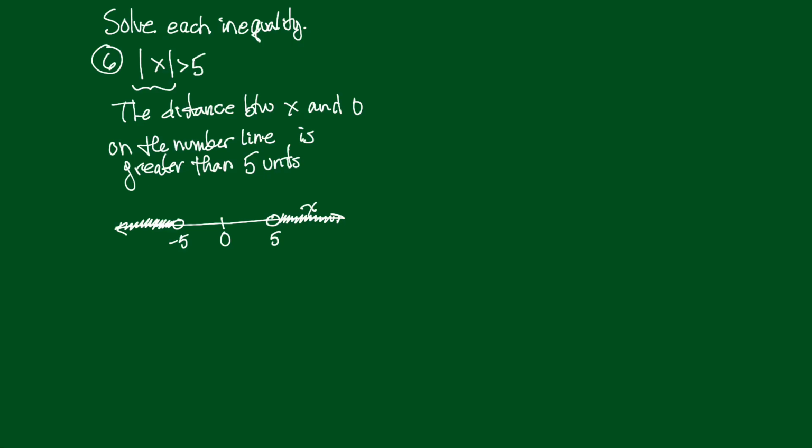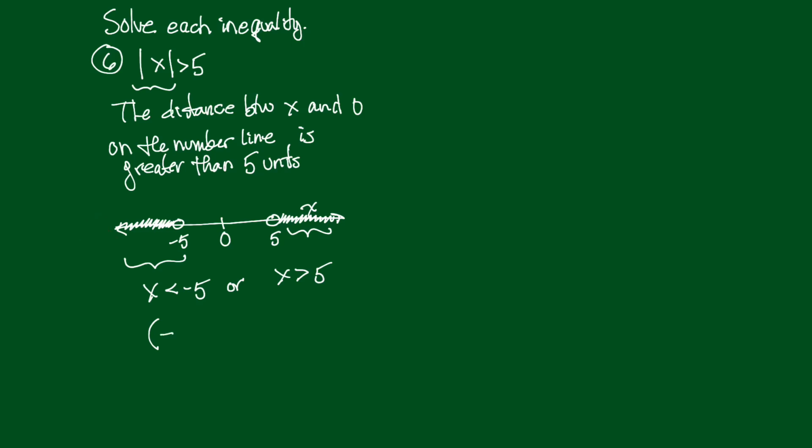Now all I have to do is just write what I see. What do I see right here? Well, the x's are to the left of -5, or the x's could be over here, and these x's are to the right of +5. Well, there's nothing to solve here. This is my solution. But I'm going to write it in interval form. This goes all the way down, keeps on going to -infinity.